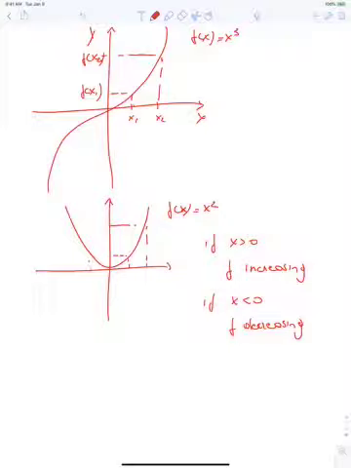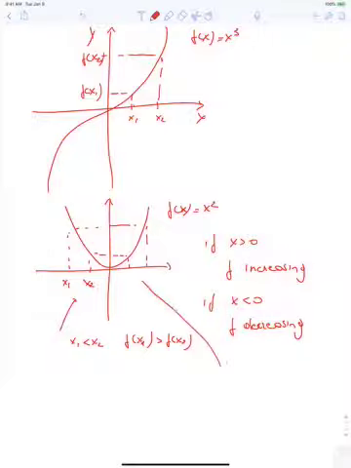So if I take here x1 and here x2, x1 is less than x2, but f of x1 is greater than f of x2. Instead here, x1 less than x2, and f of x1 is less than f of x2.